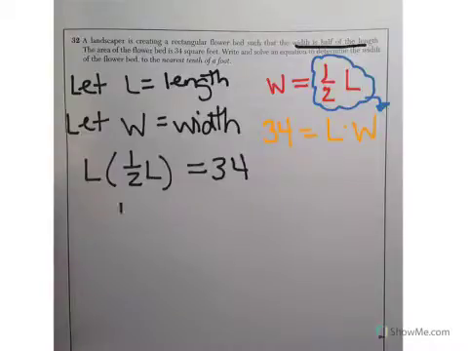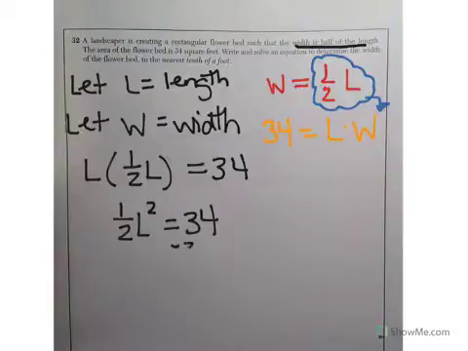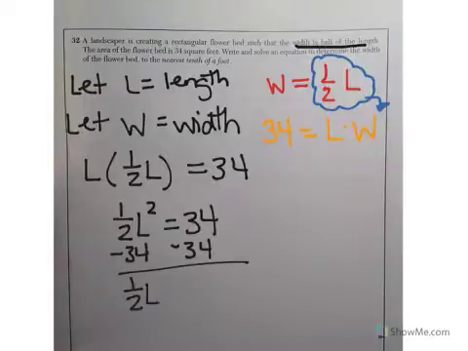Okay, so we have 1/2 L squared equals 34. Okay, I'm going to subtract 34 from both sides to get this to be 1/2 L squared minus 34 equals 0.